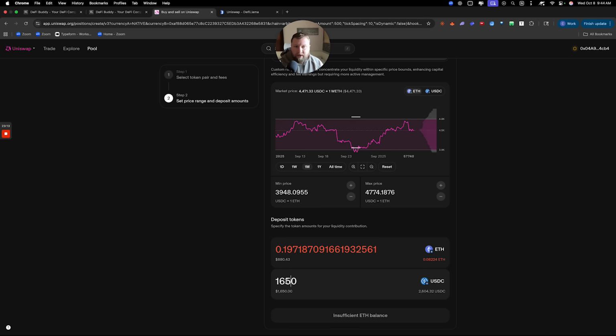That's perfect. So now I need to swap for 0.197. I already have 0.080. I'm going to take 0.1971 minus, and I want to make sure that I keep at least 0.02 ETH in this wallet, so I'm going to subtract 0.62.